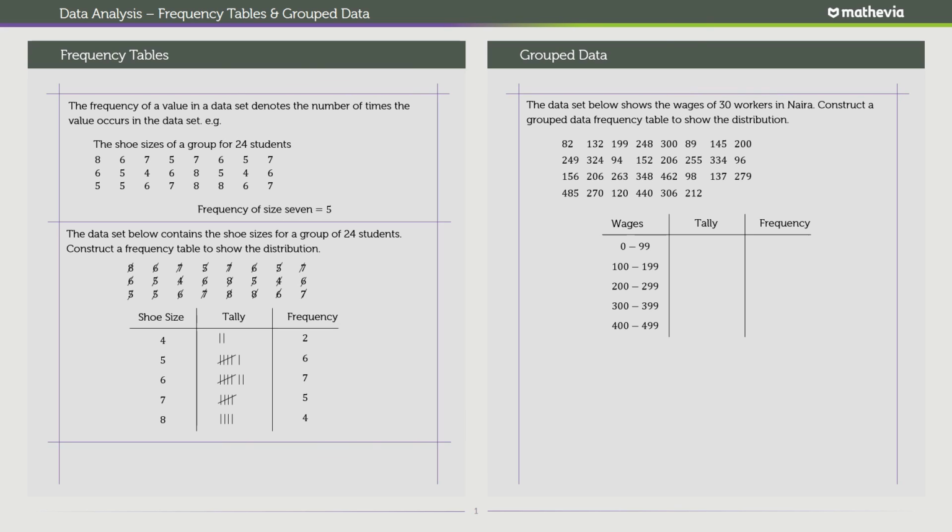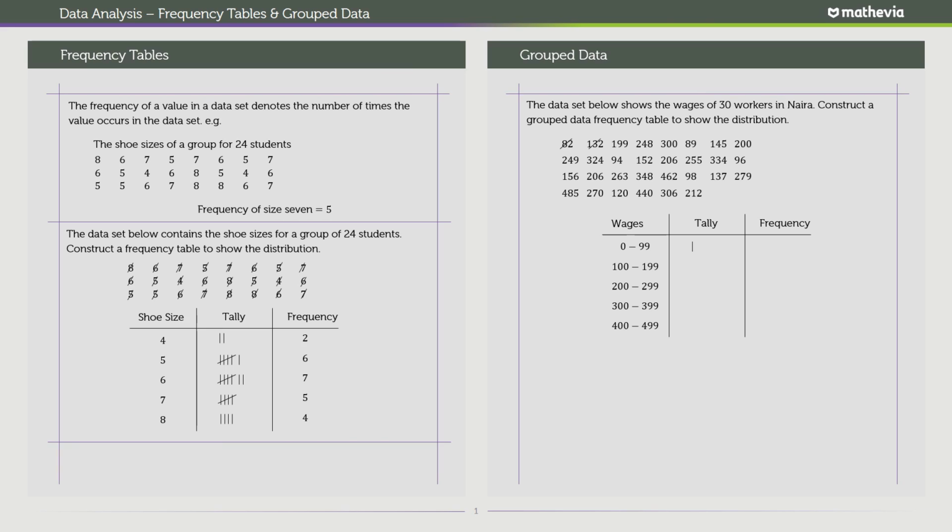Now, from this, we can go ahead and deduce the frequency for each of the grouped values in our data set. Just like we did before, we cross out 82 there, and 82 will fall in our first group, the group that says 0 to 99, and we put our tally there.